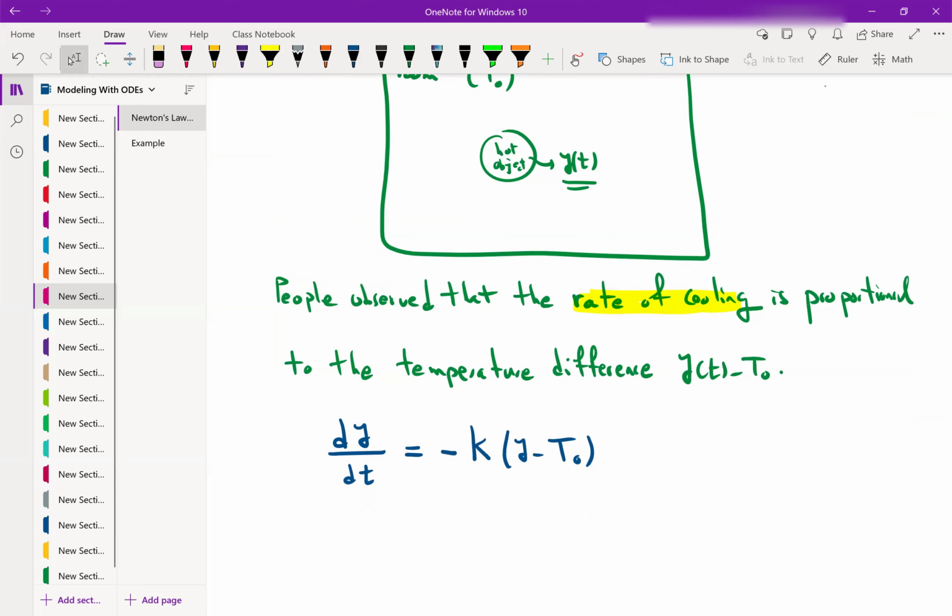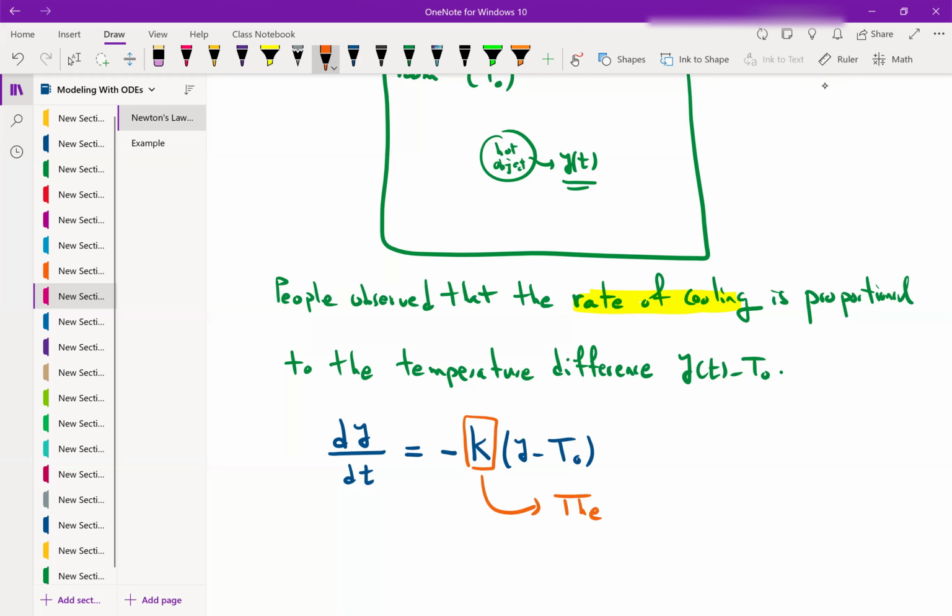But before explaining that, let me just tell you that physicists call this constant k the cooling constant. It depends on the physical properties of the object, the material of the coffee mug, for example. So this constant k is a positive constant, and negative k will be a negative constant.